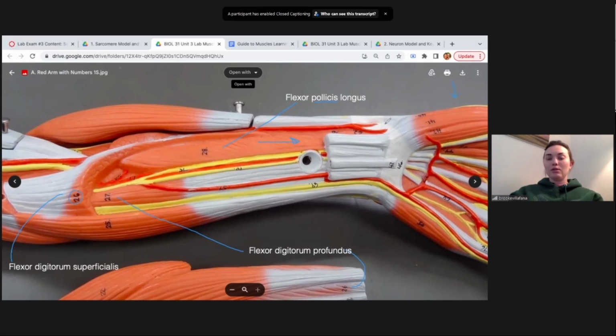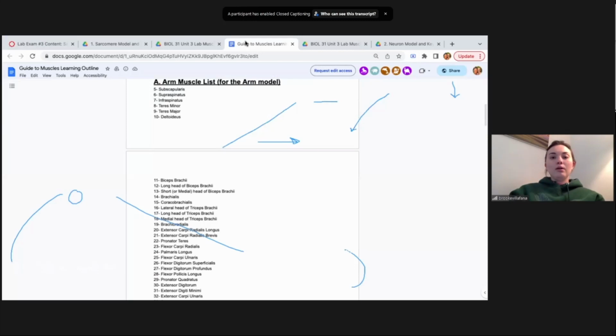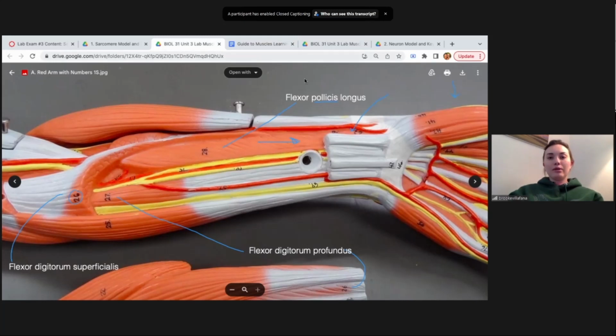Flexor pollicis longus. And then this muscle right here, 29, is your pronator quadratus. So that means I need to go back and check the one muscle. Pronator quadratus, okay, right there.